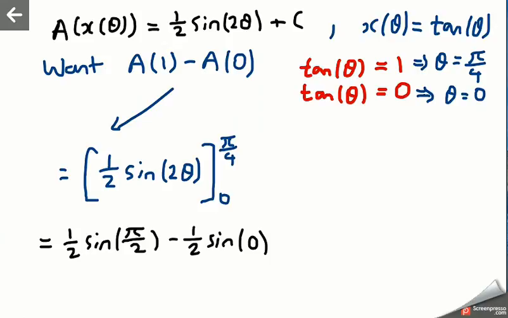And of course, sine of pi over 2 is just 1. And therefore, 1/2 of sine of pi over 2 is 1/2. And sine of 0 is 0. So 1/2 of sine of 0 is 0. And so we end up with 1/2.